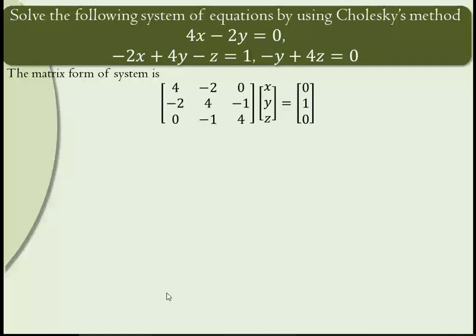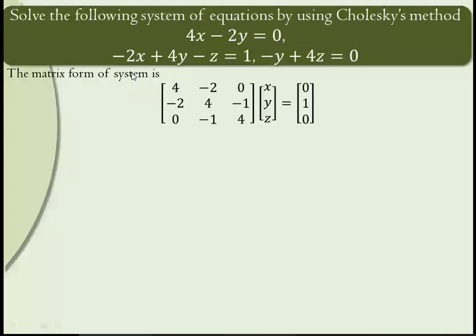The matrix form of the system: first write down the coefficient of each term, coefficient of x, coefficient of y, coefficient of z. If any term is absent, then its coefficient is 0. So the coefficient of x is 4, of y is minus 2, and z is absent, so it's 0. Here it is minus 2, 4, minus 1.